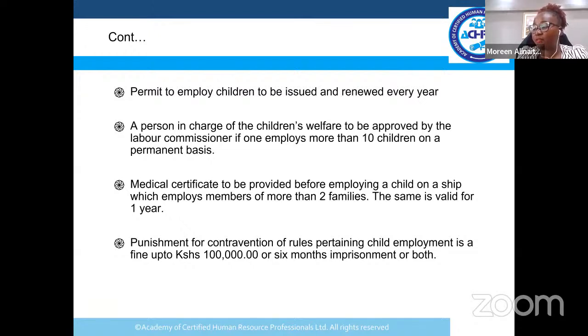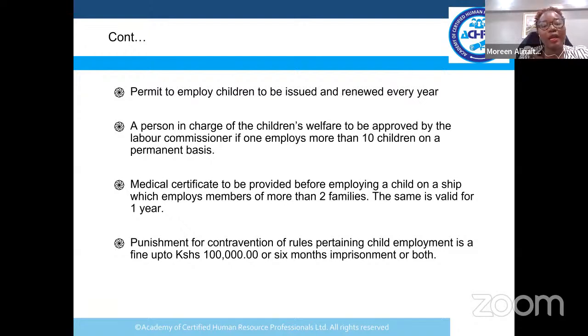A person who contravenes any provision of these parts commits an offense and shall be liable on conviction to a fine not exceeding 100,000 shillings or imprisonment for a term not exceeding 6 months, or both.